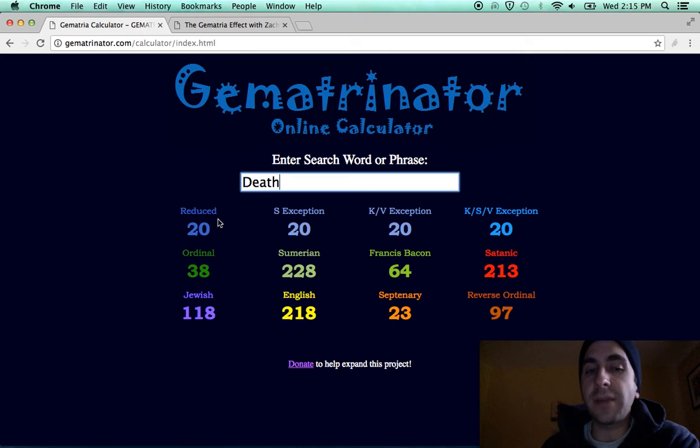Some of these forms are definitely more important than others. But the more knowledge you have, the more profound the study. As for this reading, the satanic, I'm going to have to look up what that is. This form of English gematria, I'm going to have to look up what this is. Septenary, got to look it up. Reverse ordinal. He's got some methods on here that I don't even know about. So he's going above and beyond, and good for him.